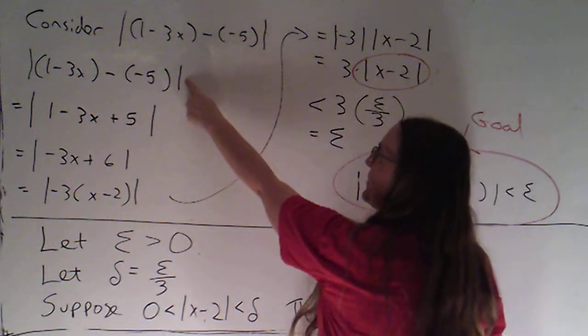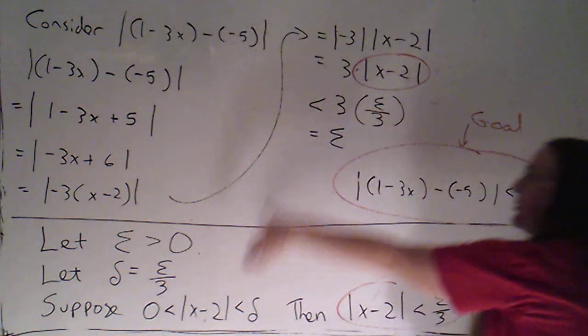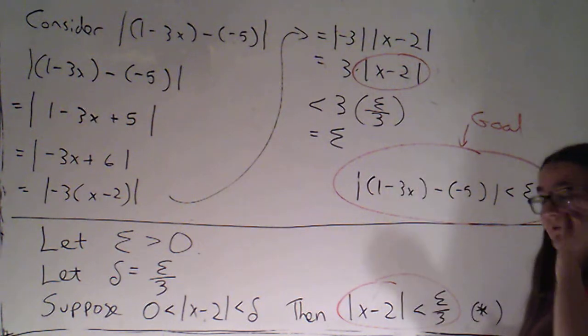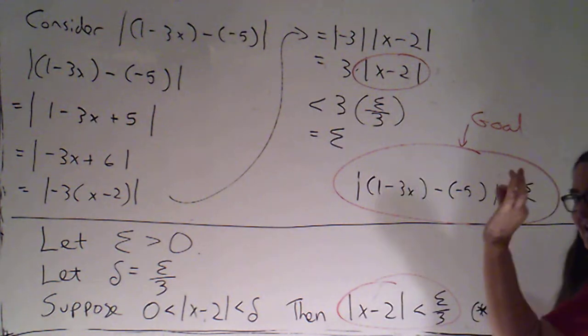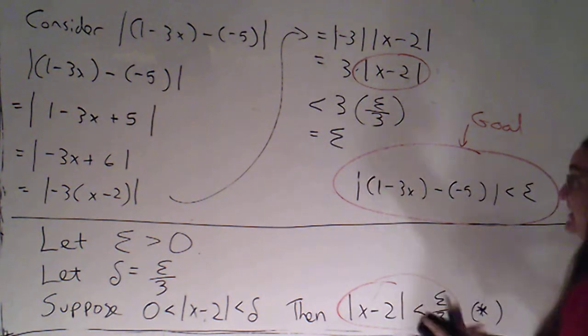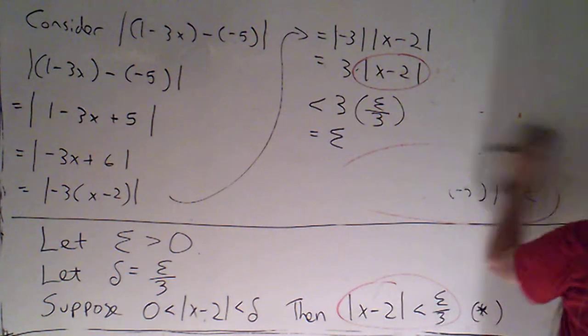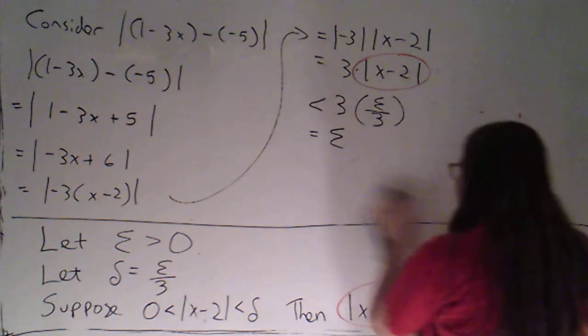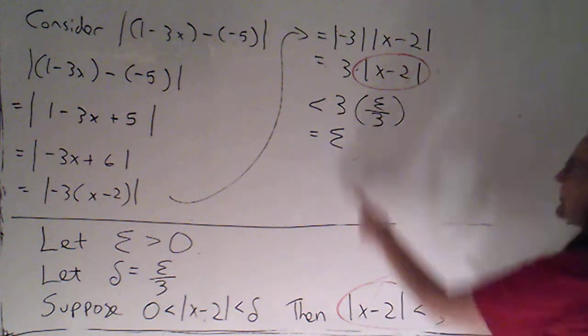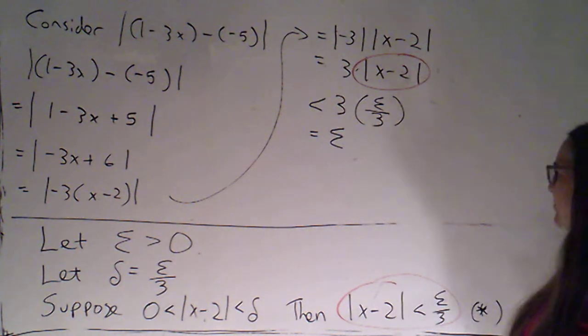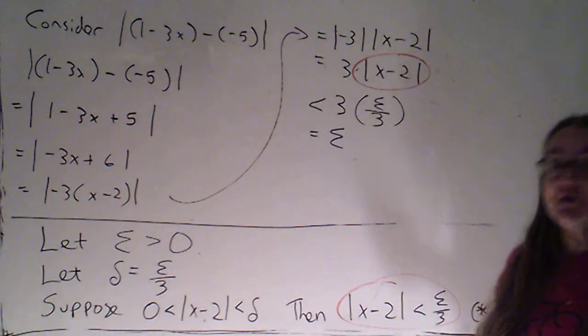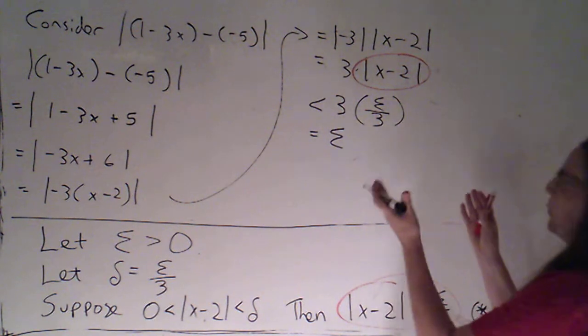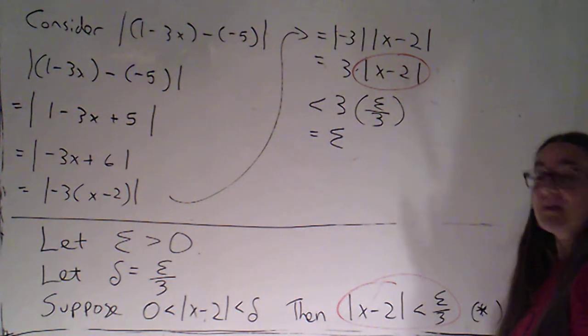We started with this through a sequence of equalities and less thans. There was no greater than ever in here. It was all equals or less thans. Through this series of equal and less thans, we showed that it's less than epsilon, which is exactly what we needed to do, and so we are essentially done.